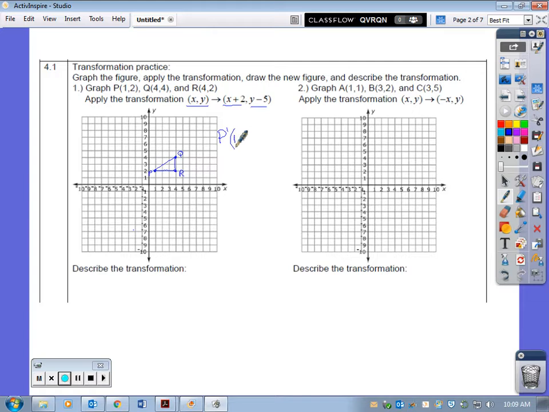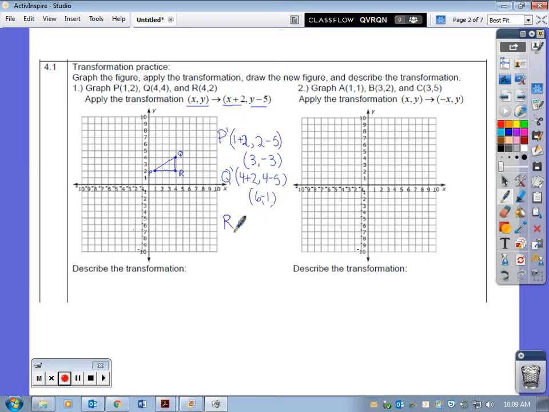is going to become 1 plus 2 and 2 minus 5, which gives us the new point 3, negative 3. Our Q primed is going to become 4 plus 2 and 4 minus 5, which gives us the new point 6, negative 1.